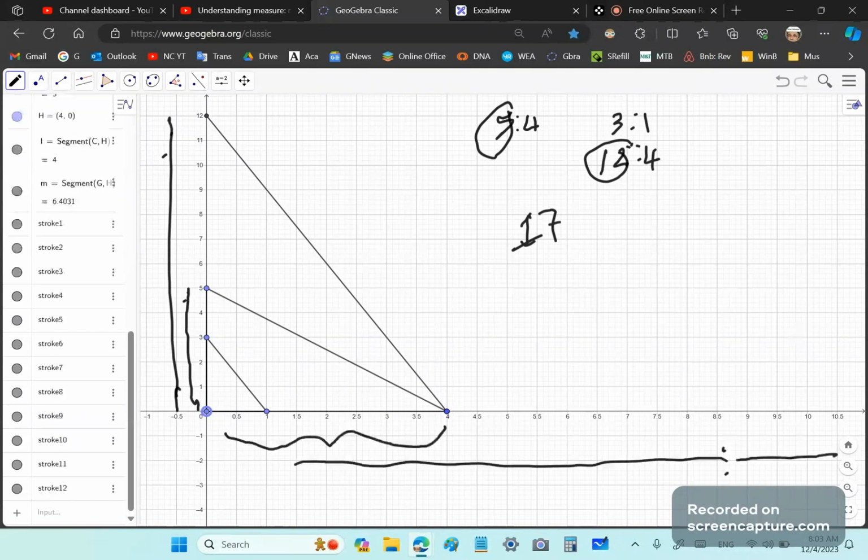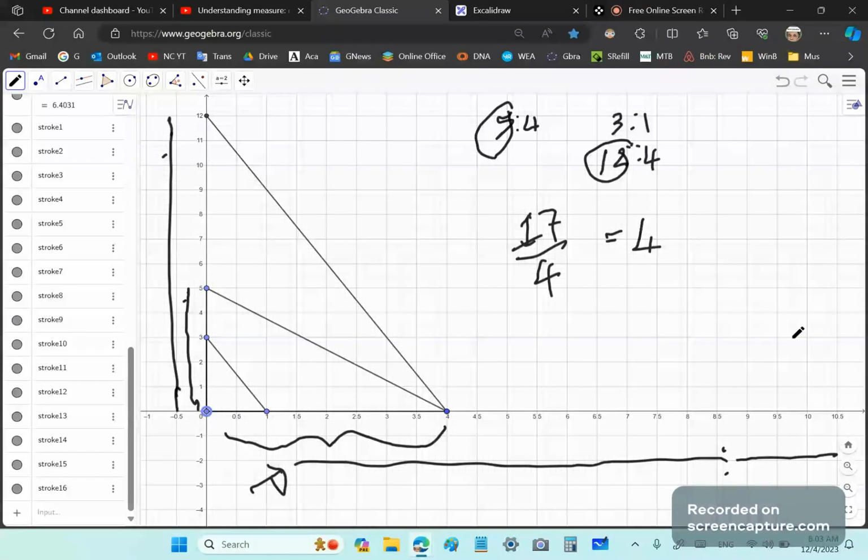So that's the ratio. Now, if you want to talk about this in algebra and you're adding them, you'd have to measure this ratio down here, and its measure turns out to be 17/4. You can also simplify that by saying that's 4 1/4.